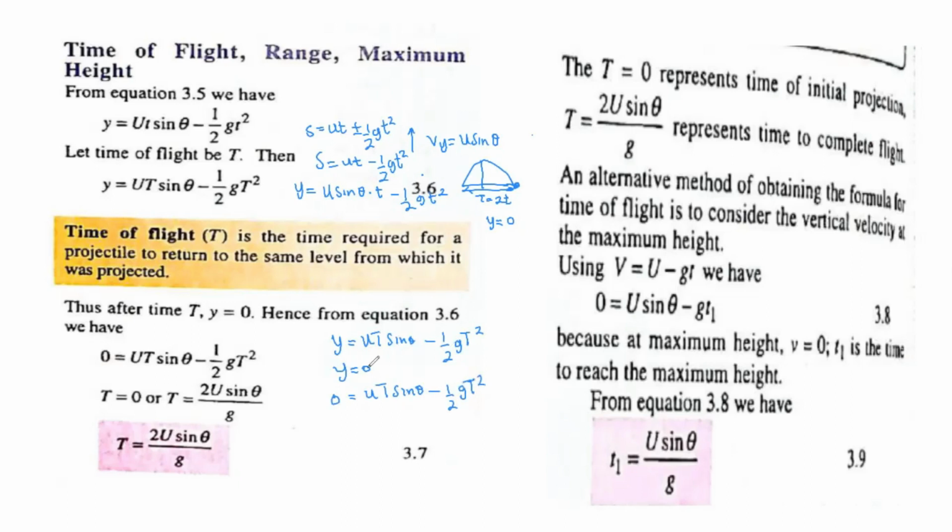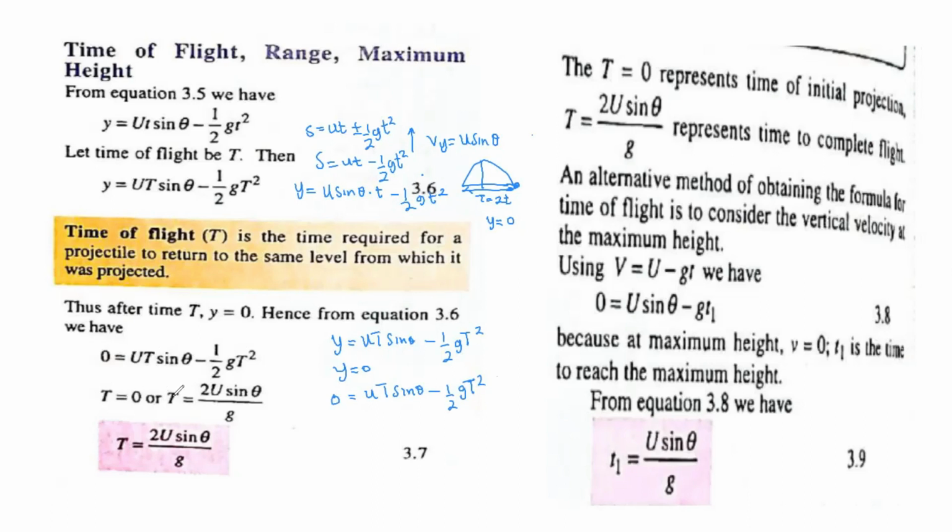So something must happen when you reach the ground. Look at this particular thing: 0 equals uT sin theta minus half gT squared. So in this case, what is T equal to?